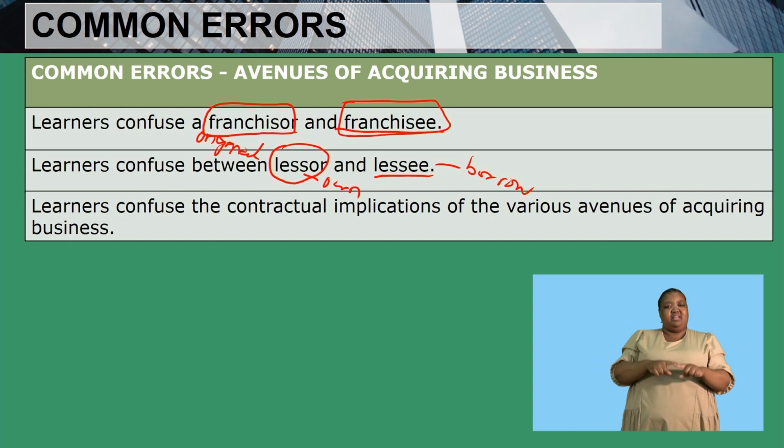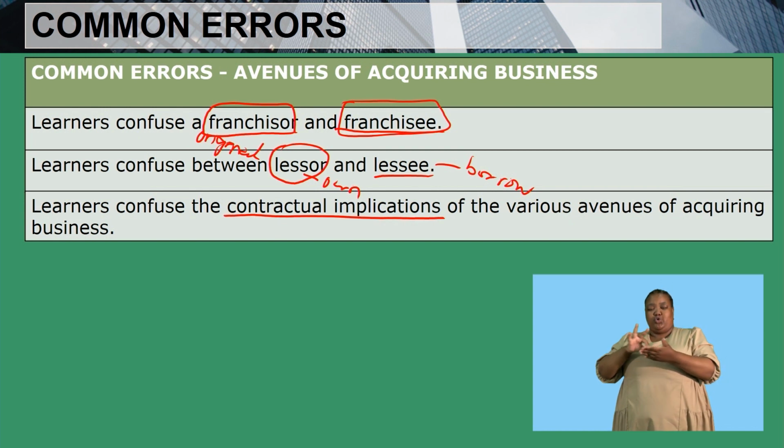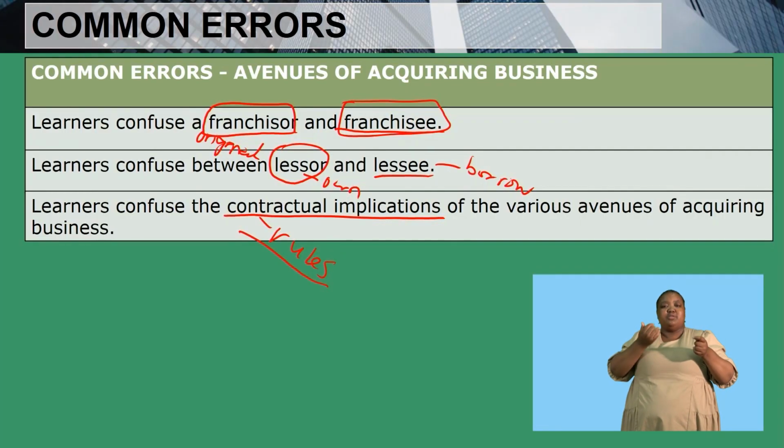And then also, you might confuse the contractual implications of the various avenues of acquiring a business. Remember, grade 11s, that when we talk about contractual implications, we are simply looking at the rules and regulations that govern acquiring a particular business.